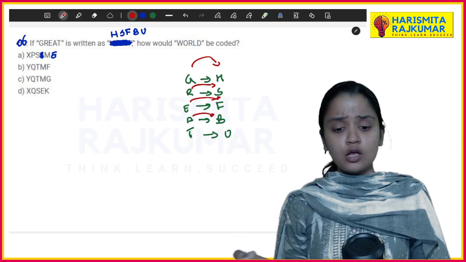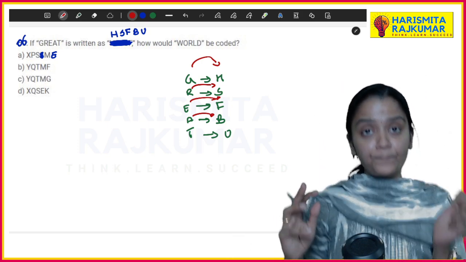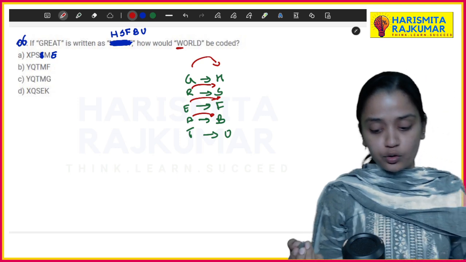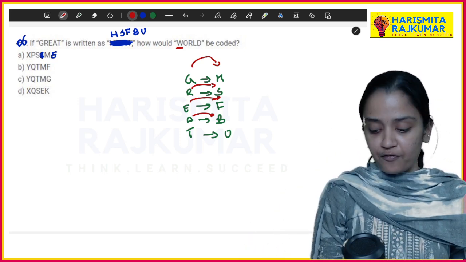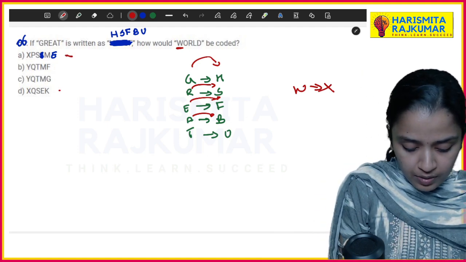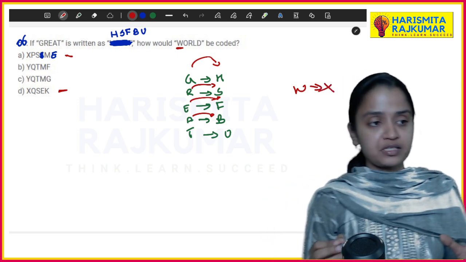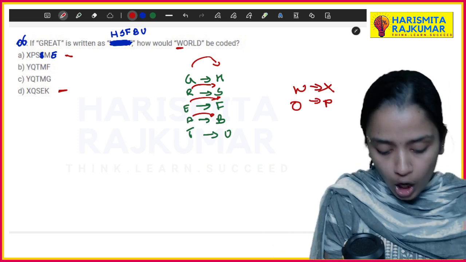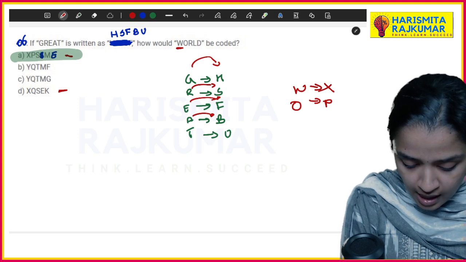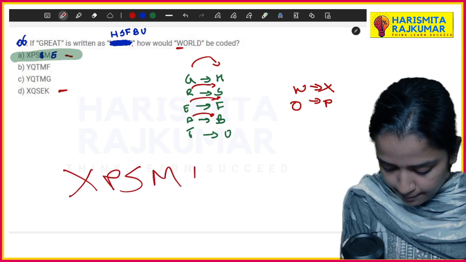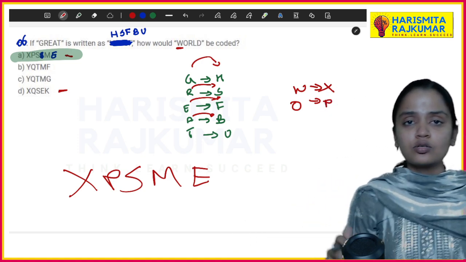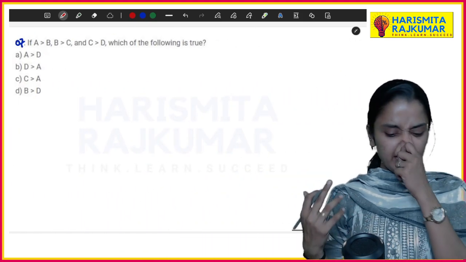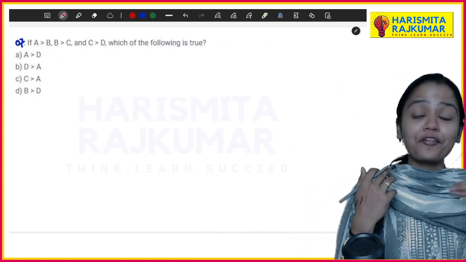B. So basically, the code is nothing but plus 1, the next letter. After W, which letter will you have? X. Only two options have X. After O, you will have P. So your answer is XPSME. By looking at the options you can jot down the letters and do it. This is really an easy sum.